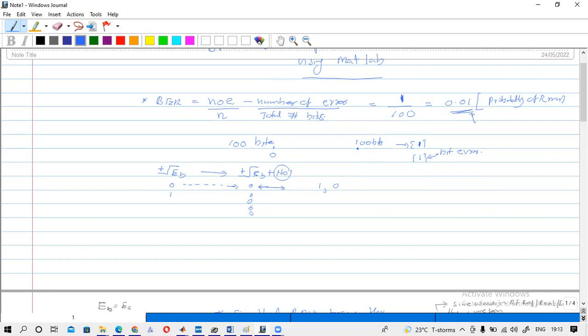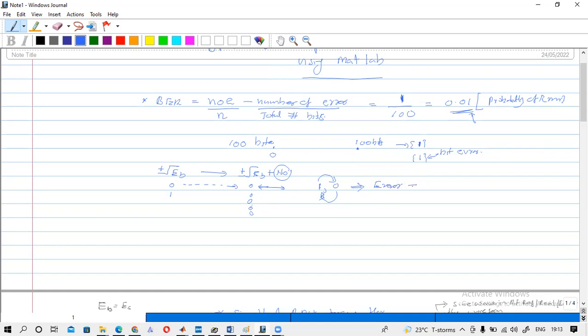There may be sometimes that you may detect 1 as 0 or 0 as 1. So it gives us an error.